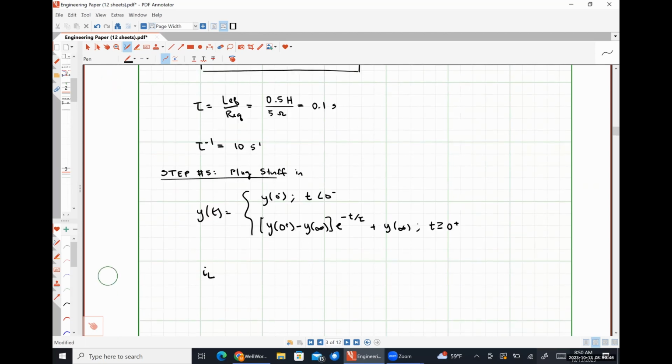So let's find out what IL of t is. So what value did IL have at t equals 0 minus? 10 amps. What value did IL have at 0 plus?